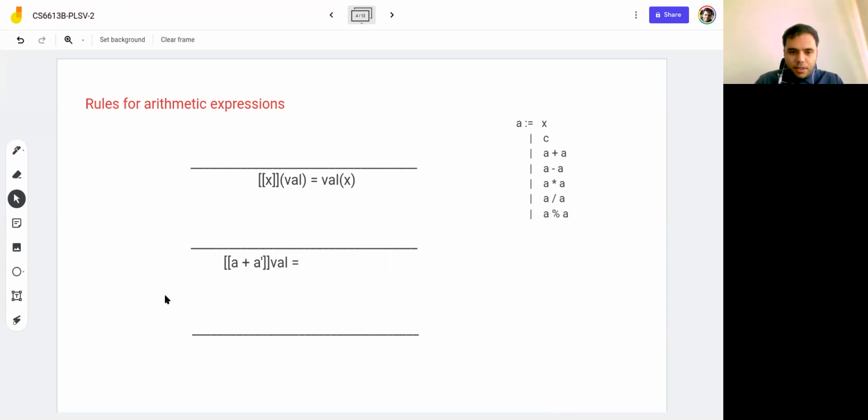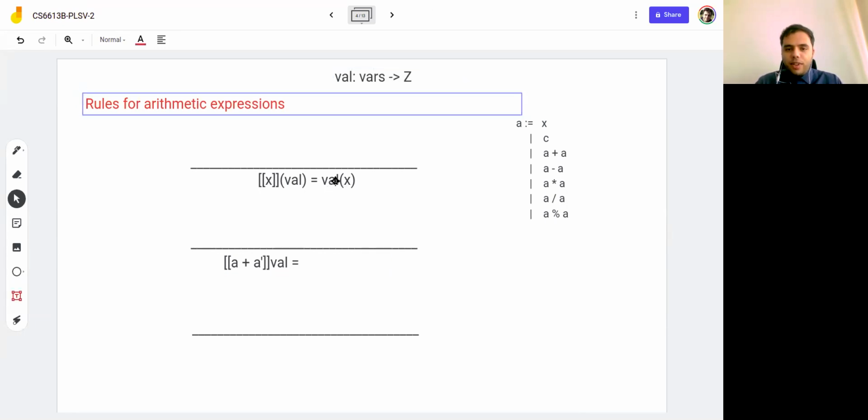So, no, you can't write val of a plus val of a prime because a and a prime are expressions. And so let's just write the types. Val is a function from variables to Z, right?